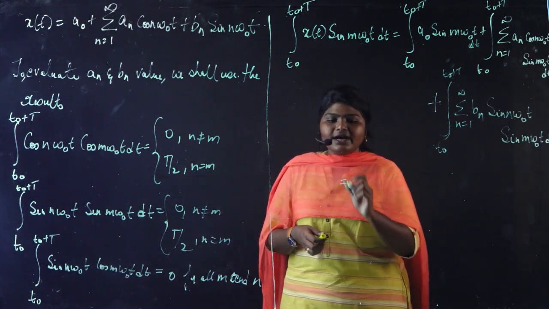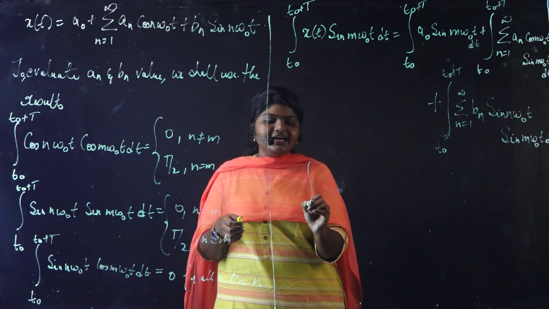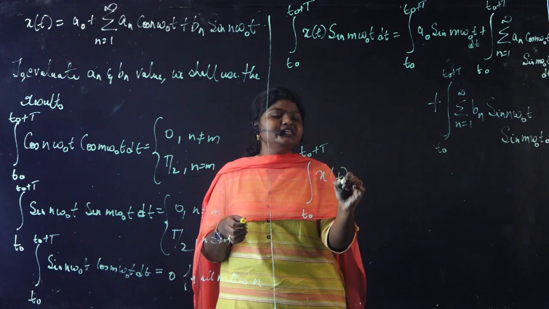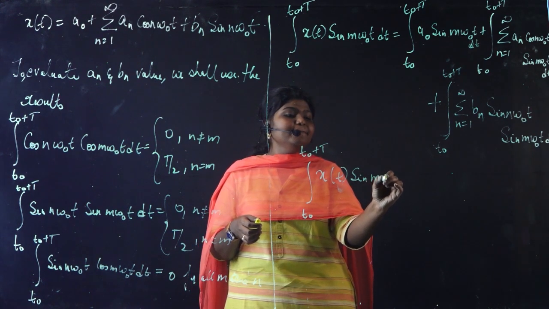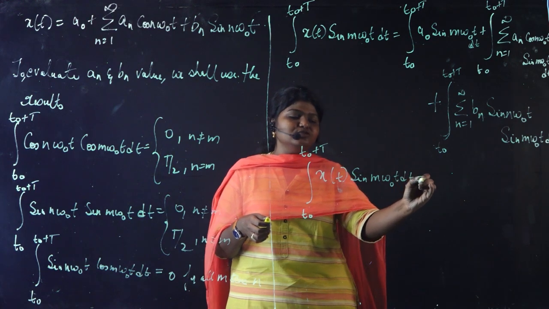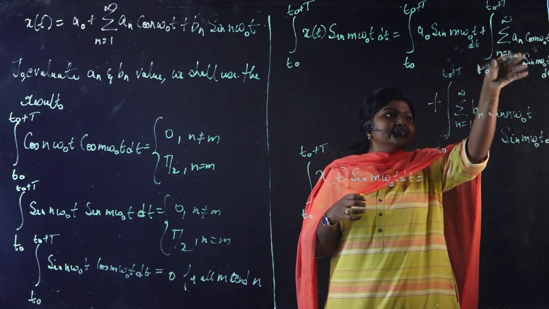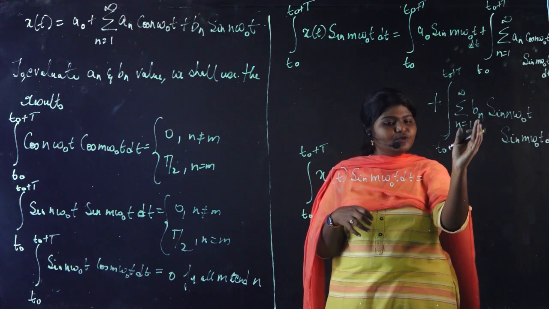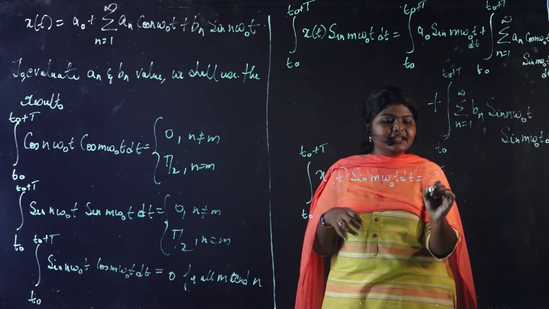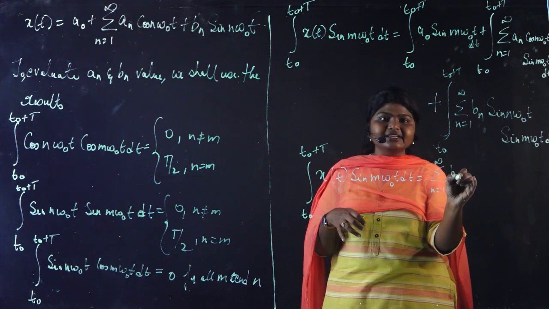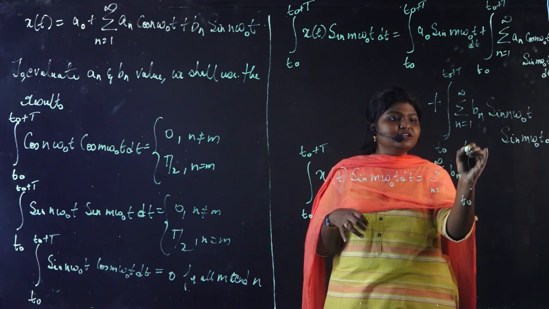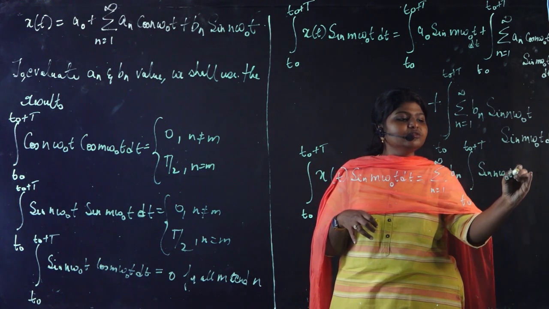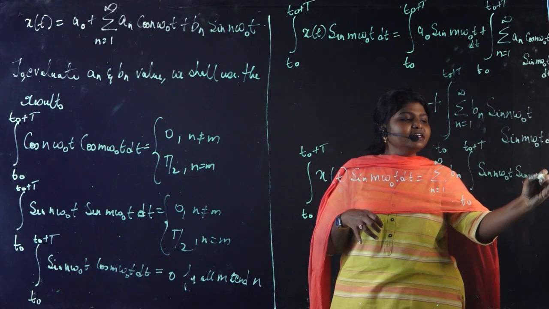So I will simply write the integral from t naught to t naught plus T of x of t sine m omega naught t dt as equal to, with the first term 0 and this term also 0, but n equals m only, the sum from n equals 1 to infinity of b n times the integral from t naught to t naught plus T of sine n omega naught t into sine m omega naught t dt.